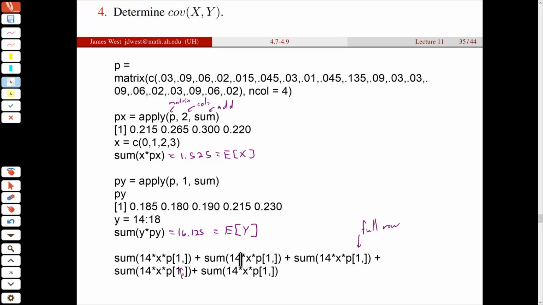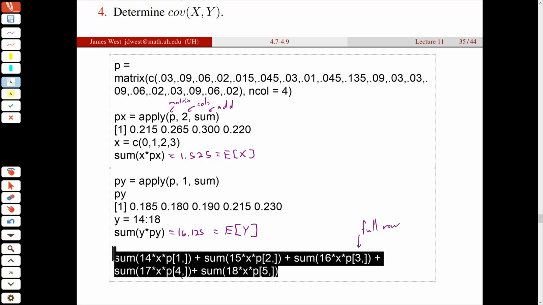I just have to change the value for Y on each row and the row number. 16 corresponds to row 3, 17 to row 4, and 18 to row 5.